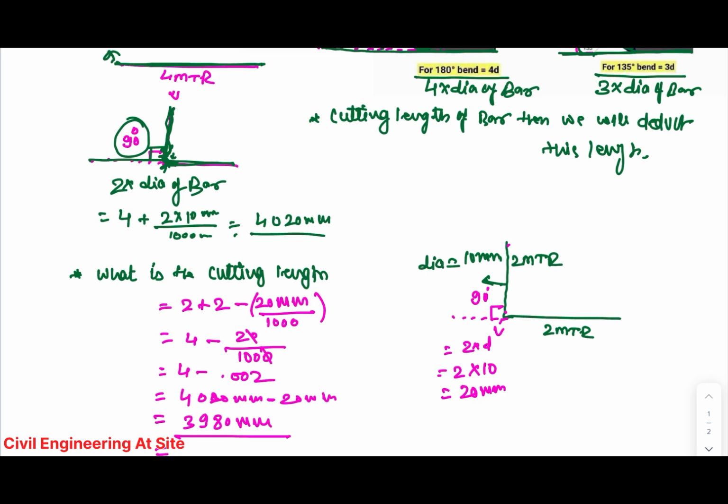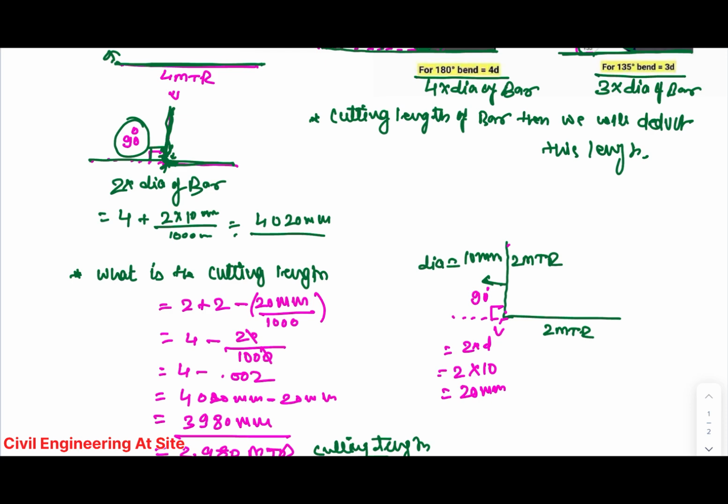So we need the steel length of 3.980 meter. This will be the cutting length of this bar.